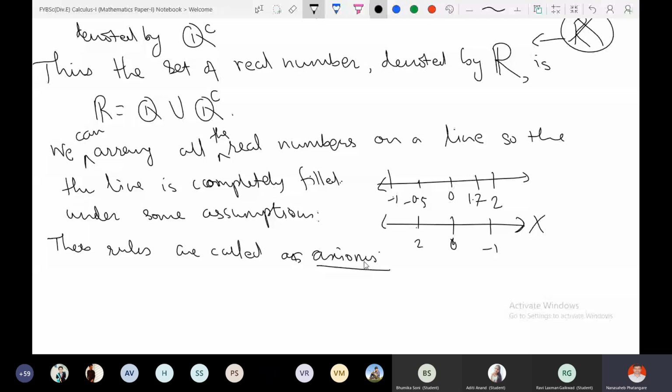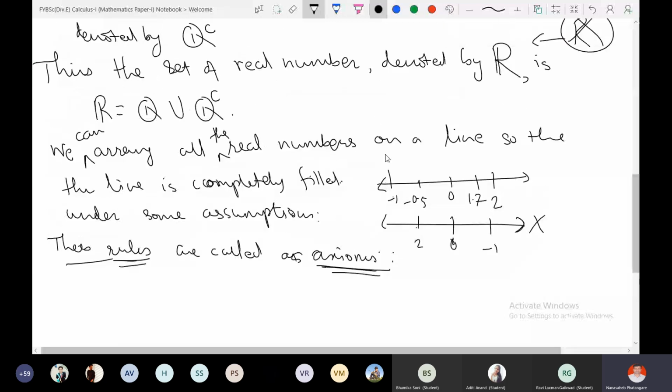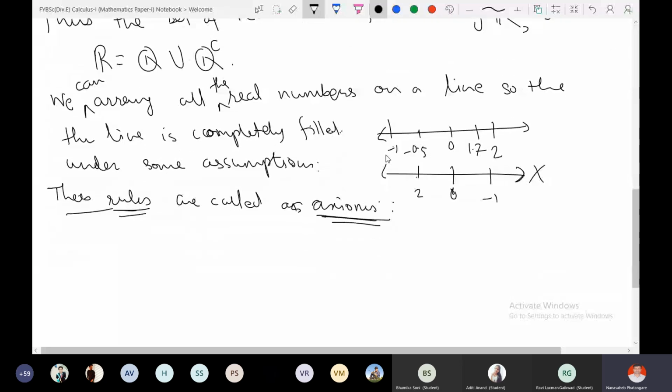Axioms, and we are going to learn all these axioms. To understand the structure of the system of real numbers, we need to understand all the axioms or rules which are there on real numbers. Certain axioms are there that we'll discuss later on one by one.